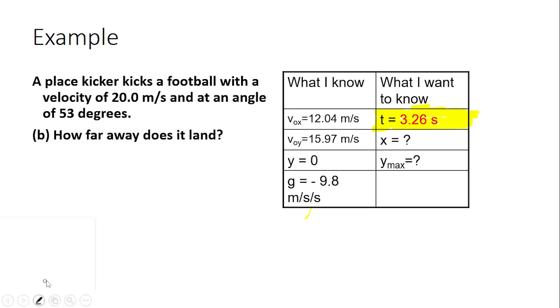The x component distance, which is this particular guy. Now, this guy has the initial velocity, which is that one. And remember, the x component doesn't have what? It doesn't have acceleration.